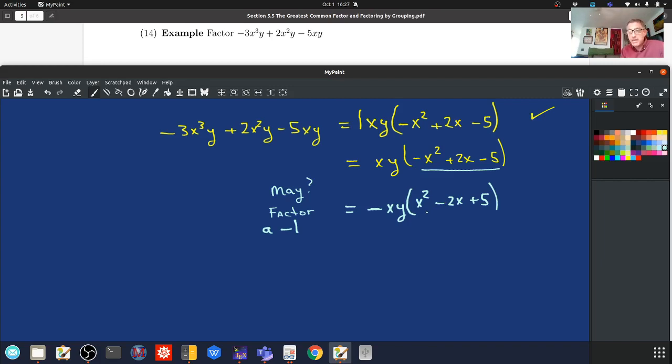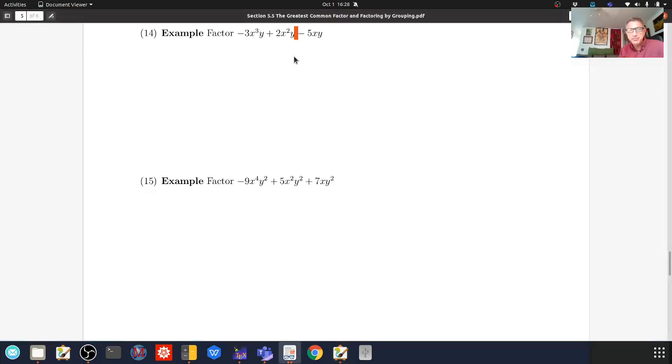So it's a matter of convention. Both of these are correct. Depending on the context, one of these may be better than the other. But as a general rule, if the only thing you're asked to do is factor it out, I would stop right here. This is perfectly fine.